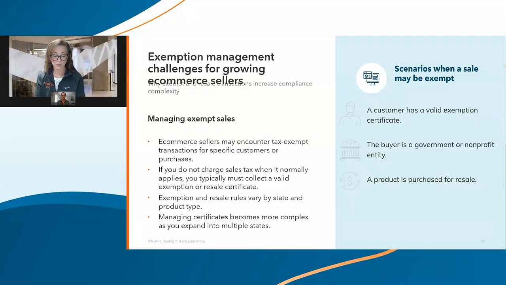So if I were to talk about what you should do with exemption certificates: one, monitor those bills that you're getting from your vendors and make sure that you're not paying tax on things that you're reselling. Two, make sure that you're collecting exemption certificates, not just flagging a customer as exempt without backup documentation, but have a place that you can store those images and that you can find them many years from now. But secondarily, especially if your customers are recurring customers, make sure you have a mechanism to refresh those certificates.